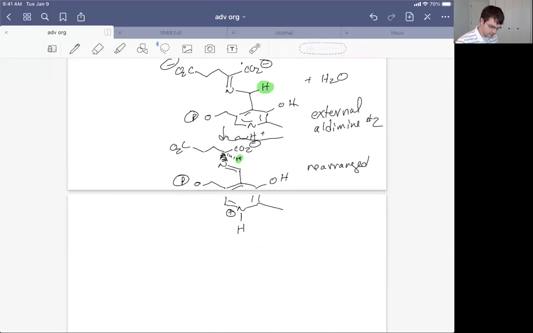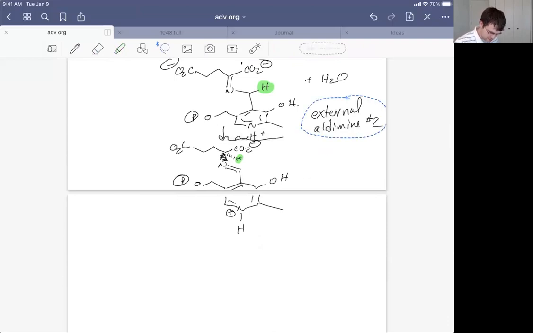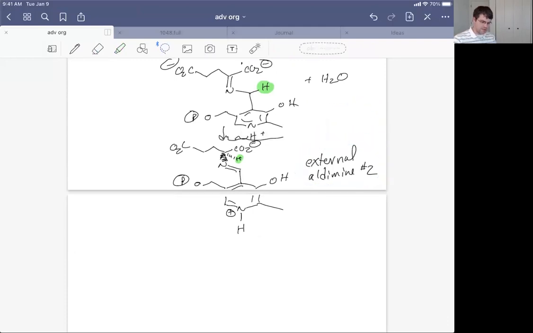Actually, I think the previous one should be the external aldimine, just because I kind of like this being our external aldimine because it puts the imine at the position where the carbonyl is going to form. So sorry, let's call that the external aldimine number 2, because it's this that reacts with water.